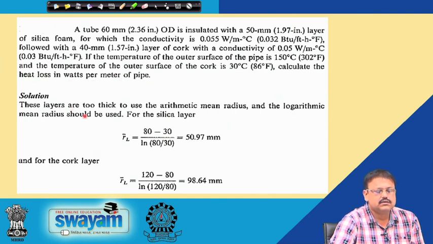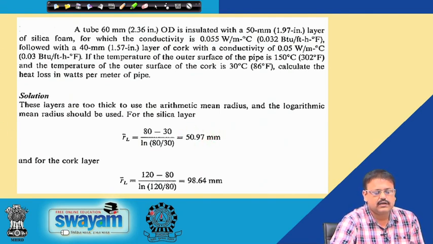These layers are too thick to use the arithmetic mean radius, so the logarithmic mean radius should be used. For the silica layer, it is (80 minus 30) by ln(80 by 30), where 80 is the outer radius, 30 plus 50, and the inner radius is 60 by 2, that is 30. So, it comes to 50.97 millimeter.